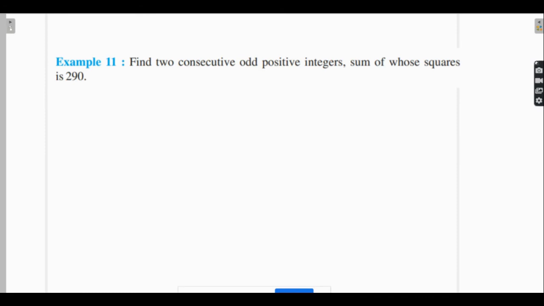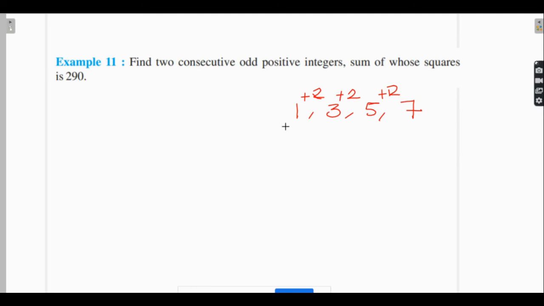Okay, this is the last question for the day, taken from your textbook. I am solving the question. Find two consecutive odd positive integers. Firstly, you need to know the odd numbers come after the addition of 2, right? So 1 plus 2 will give you 3. 3 plus 2 will give you 5. 5 plus 2 will give you 7.